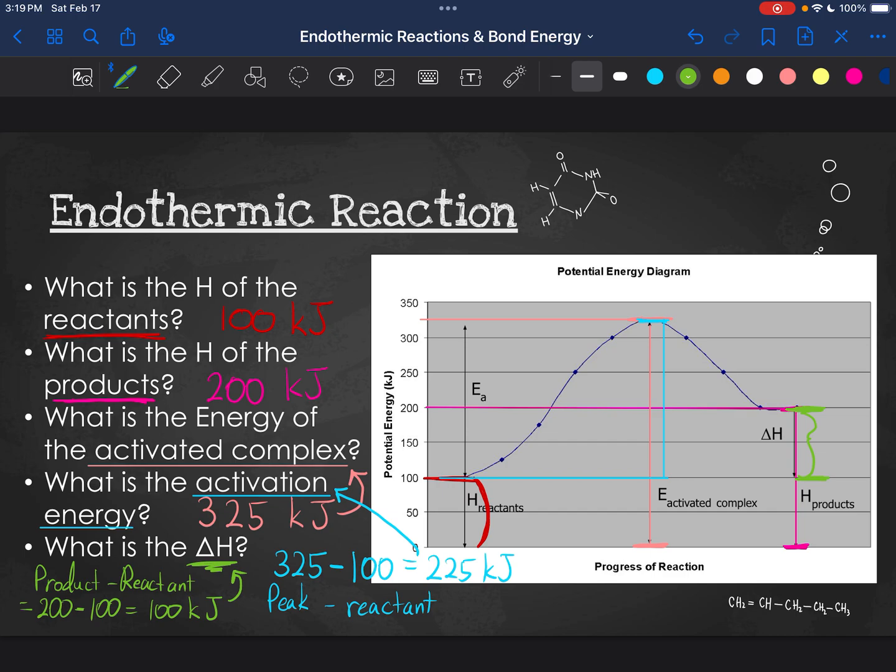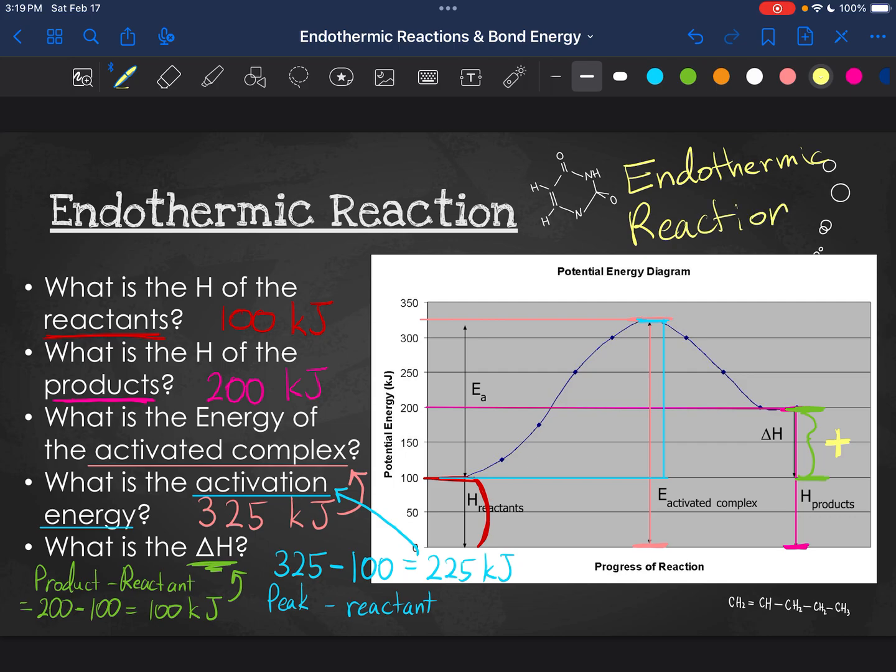Okay. Now, at the same time, what type of reaction will this be if we know that part? Well, remember we said that the activation energy will look a bit larger, and also the heat of reaction is a positive value, which we have right here. It will be an endothermic reaction.